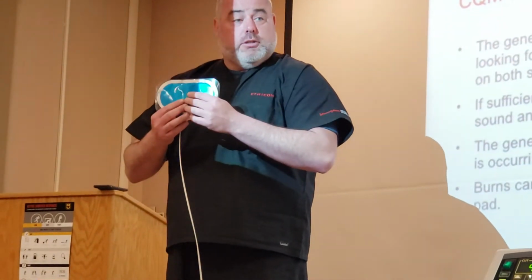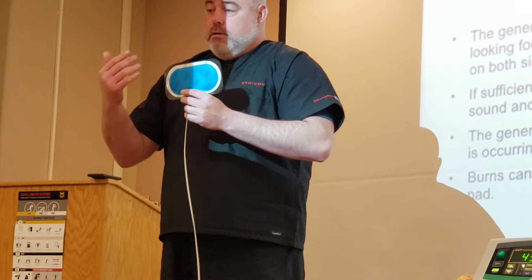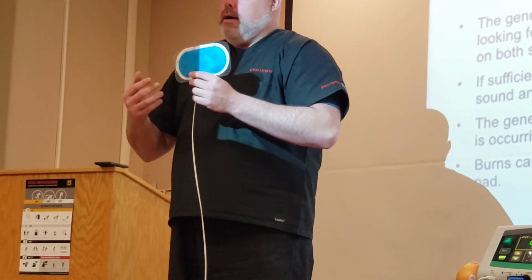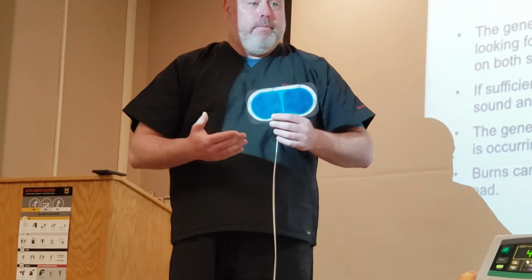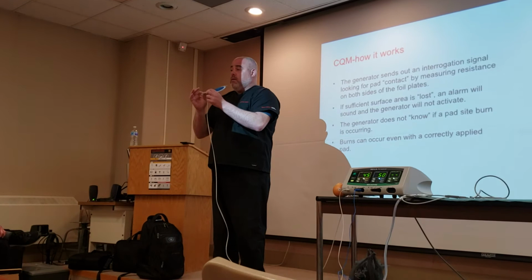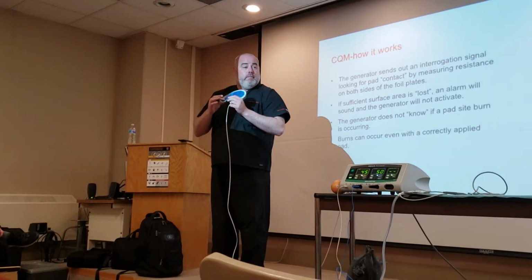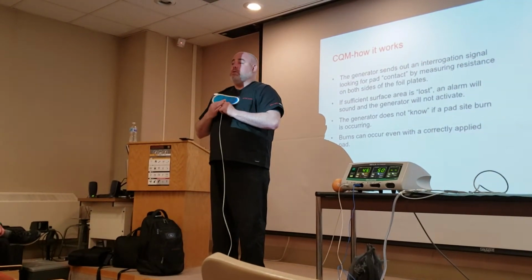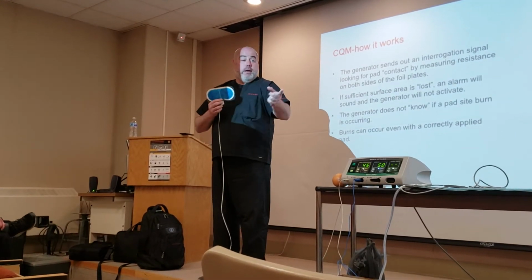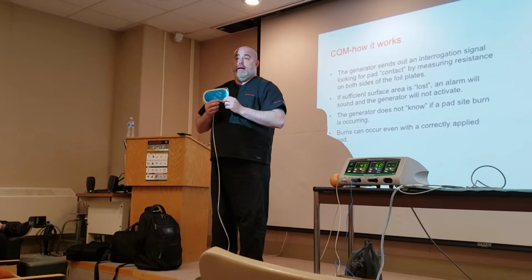And it's looking for all the surface area. It continues to interrogate the pad, and when there's less surface area attached, it will give you an alarm. So if that happens, let's say this partially falls off, what do you typically do? What's the right way to handle that? Put a brand new pad on? That is the perfect answer.